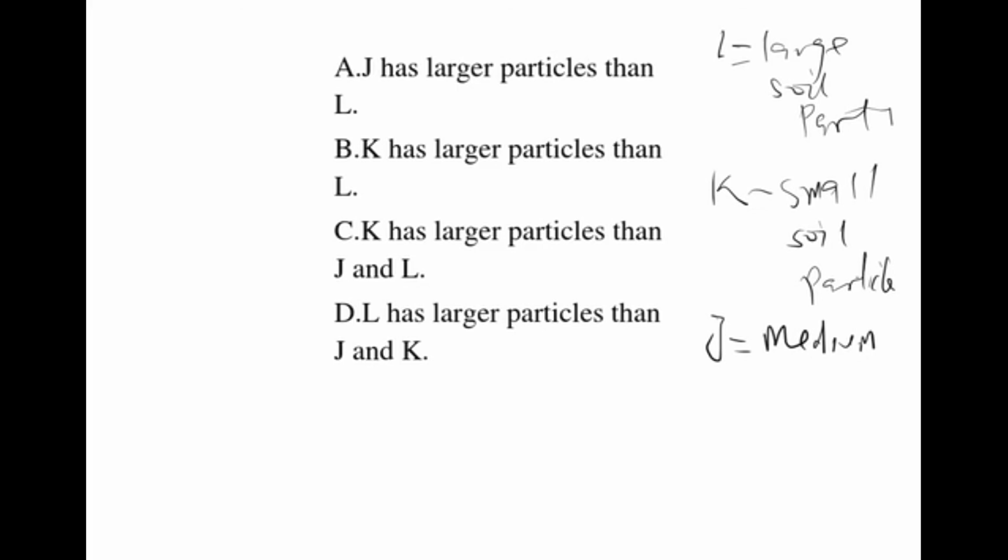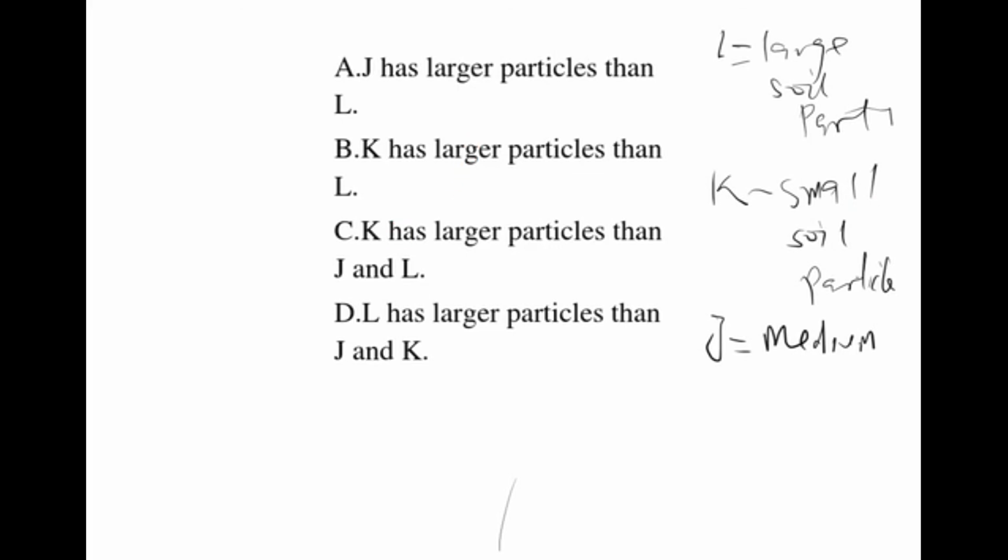So using that information, we can easily determine the correct statement. J has larger particles than L. Looking at L as large and this one as medium, that one is wrong. K has larger particles than K, this one small, so this one is also wrong.